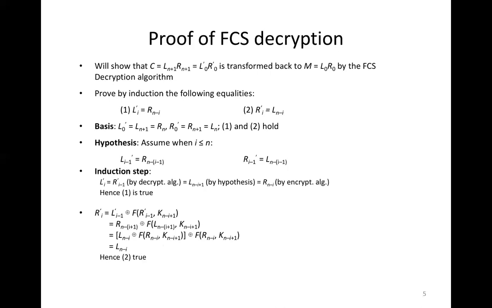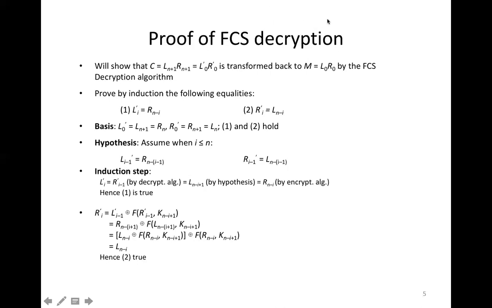Then we know that from the encryption, there's a minus i. Remember, it should be minus 1. So that becomes n minus i without the parentheses here. So let me make it clear.